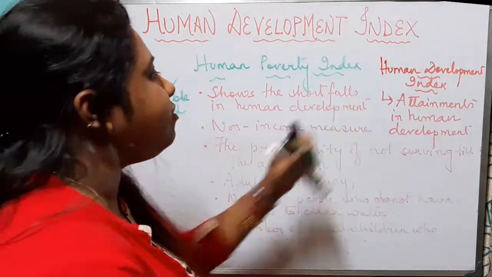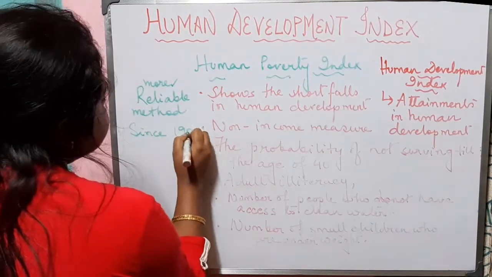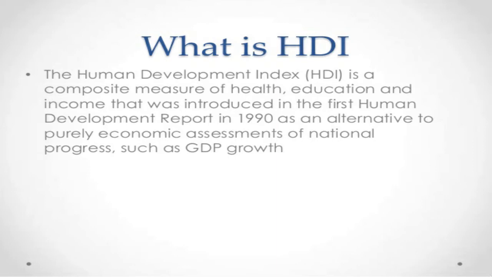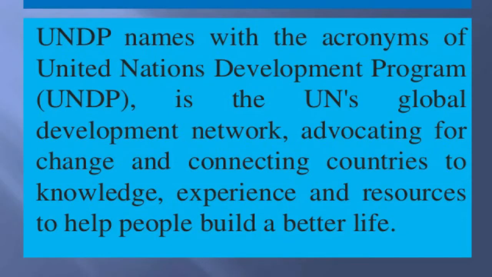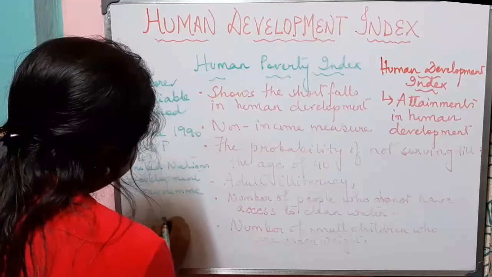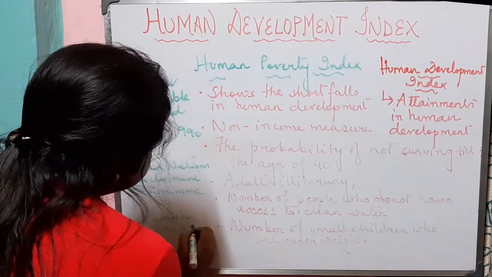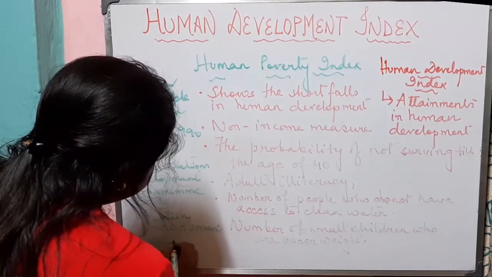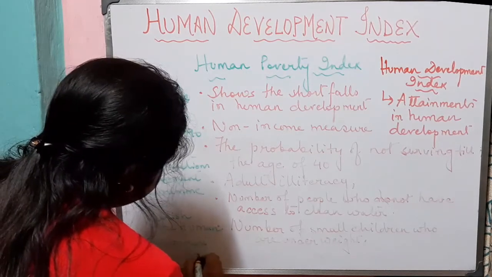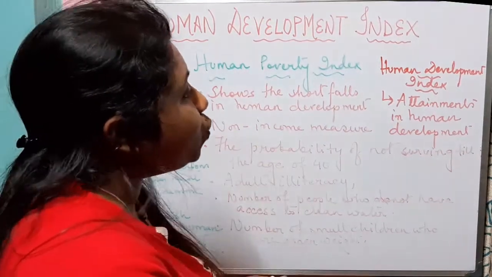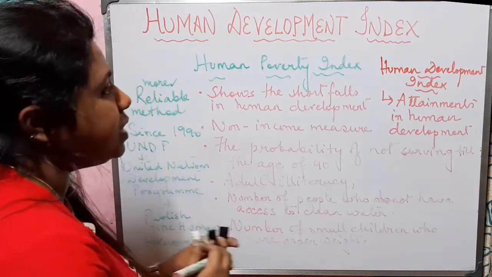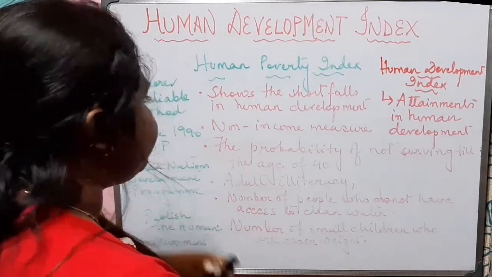Now, who published the Human Development Report? Since 1990, the UNDP, which stands for United Nations Development Programme, publishes the Human Development Report every year. The Human Development Index and the Human Poverty Index are the two indices used by the United Nations Development Programme to measure human development.